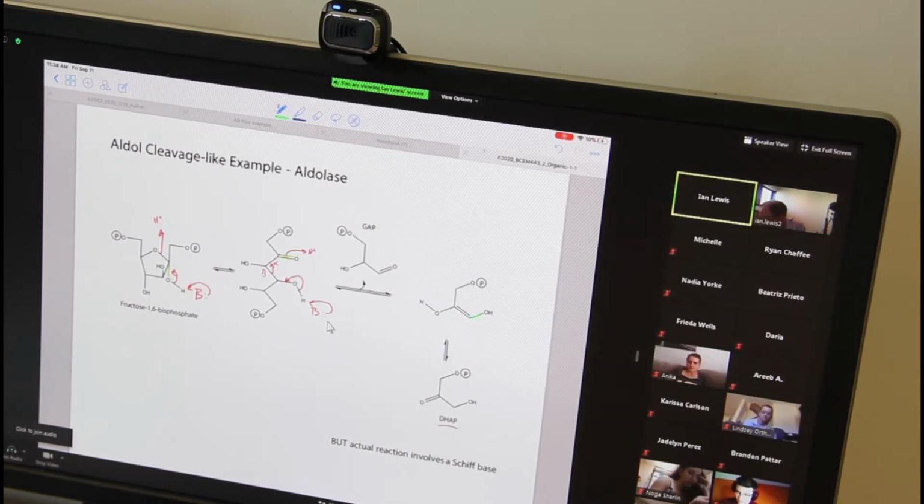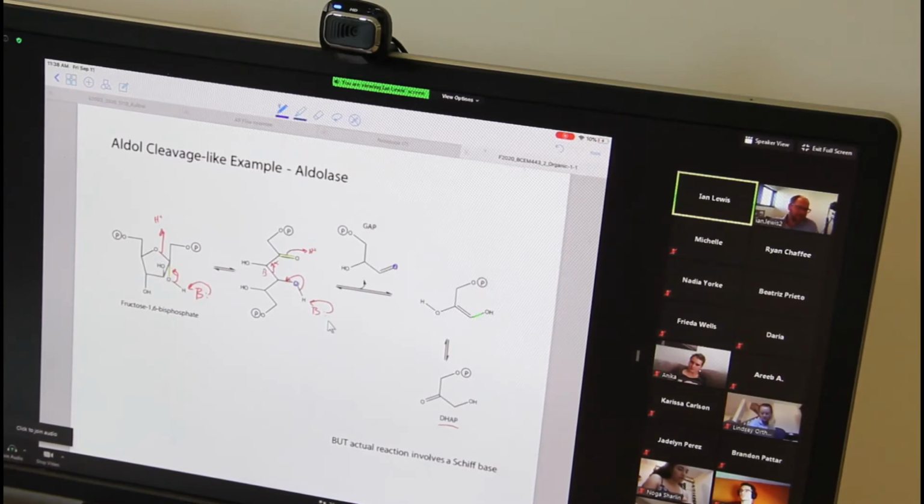And then we ended up with this glyceraldehyde and this structure right here. So this hydroxyl here ends up being that ketone, or that oxygen ends up being in the aldehyde. Make sense?